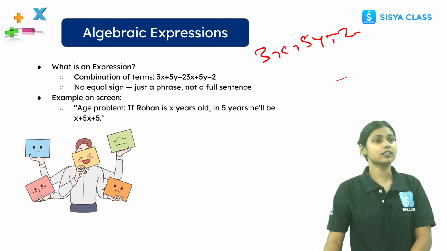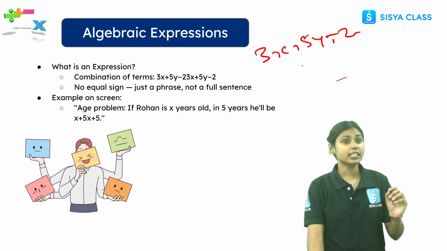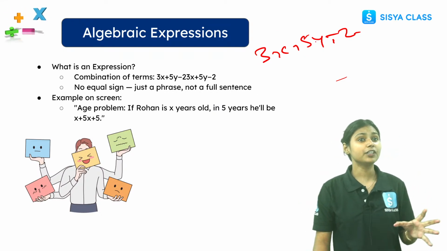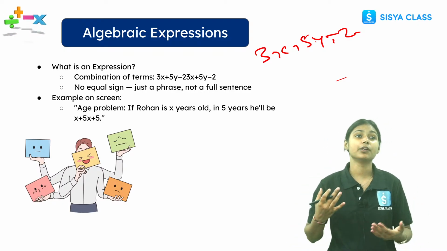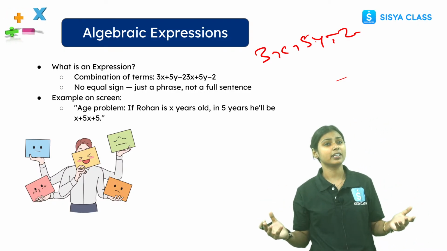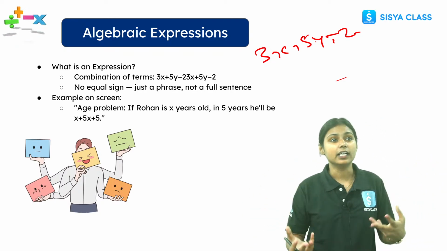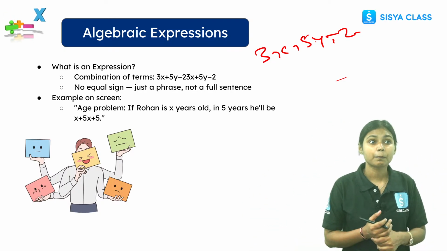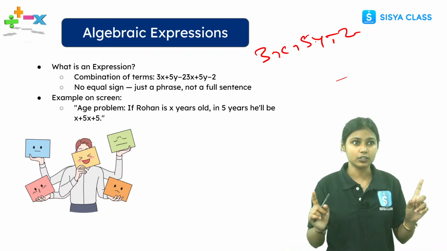For example, 3x plus 5y minus 2. This whole thing is called an algebraic expression. No equal sign, just a phrase, not a full sentence.